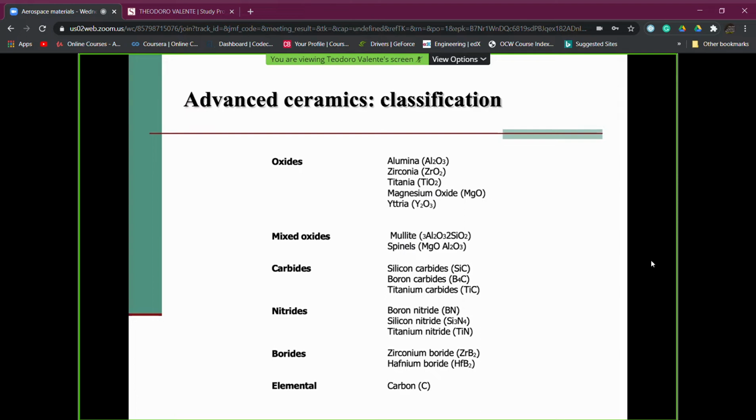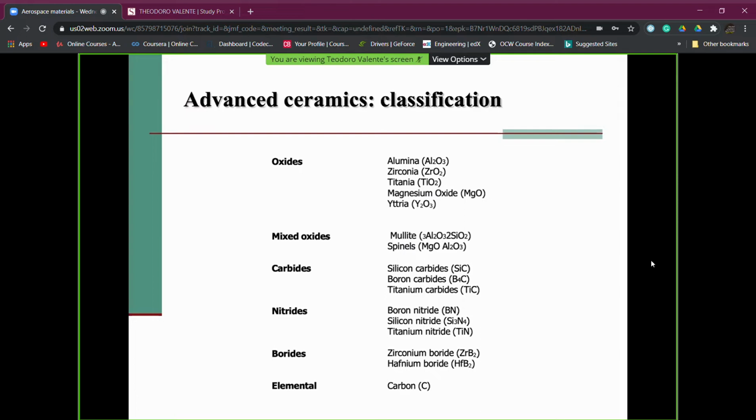For what concerns our application, as you will see, we do not have a very wide choice of advanced ceramics to be proposed.